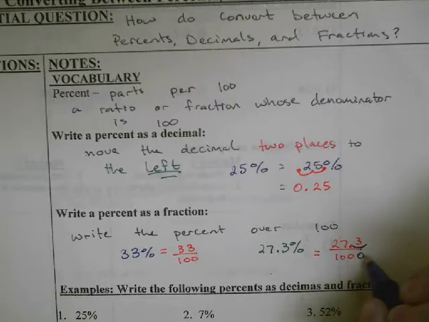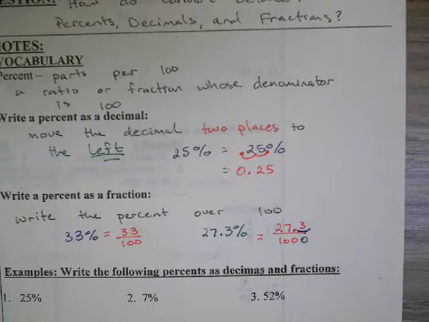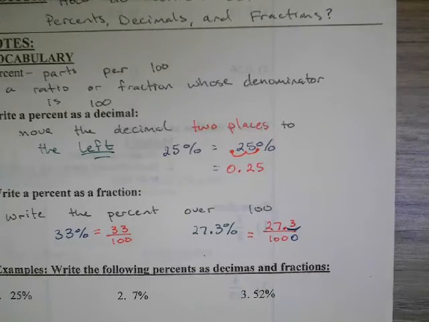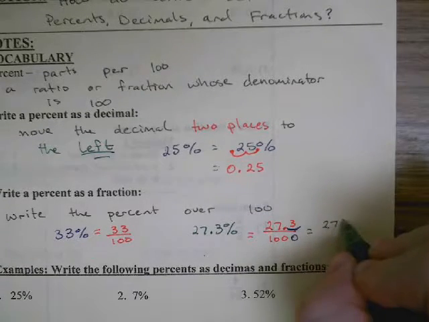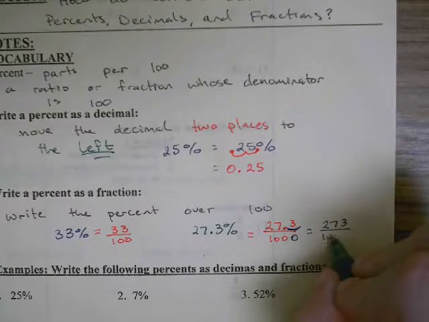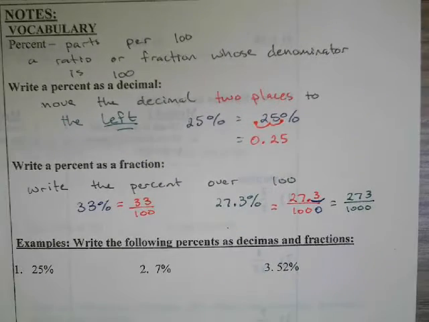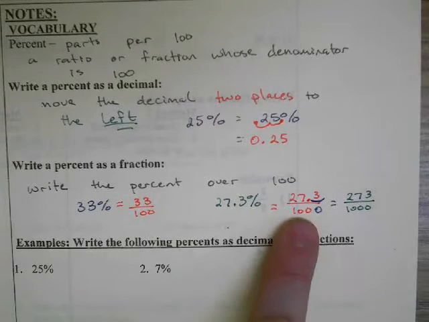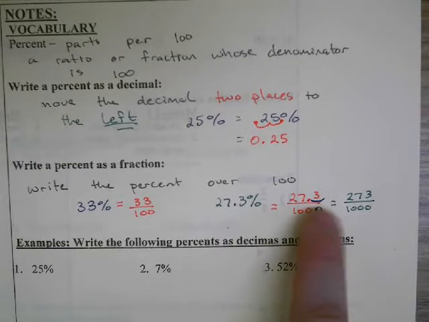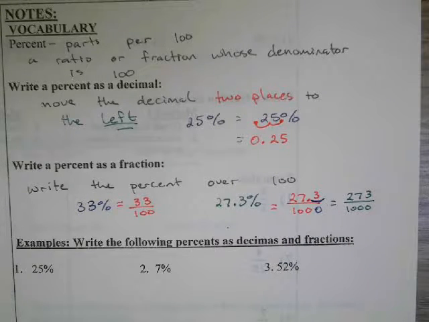When I move this over, I add a 0. So I really get that that is equal to 273 over 1,000. So you start by writing it over 100, then you move that decimal, which adds a 0 to our 100, and then we have 273 over 1,000.